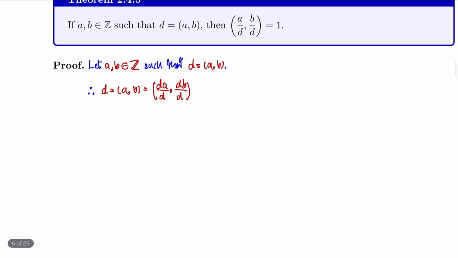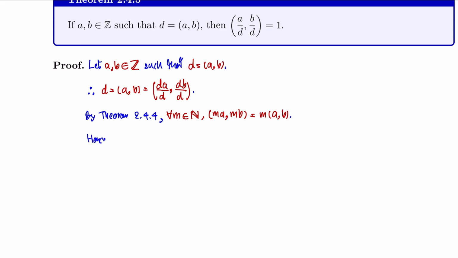So we're gonna use theorem 2.4.4, which states that for all positive integers m, you will have the greatest common divisor of ma and mb equals m times the greatest common divisor of a and b.